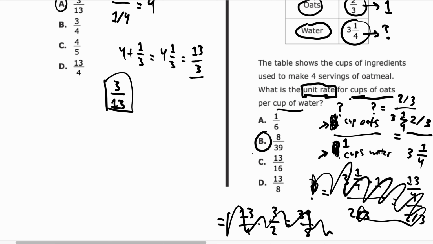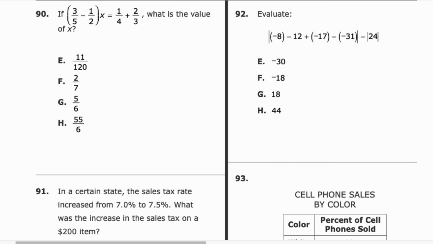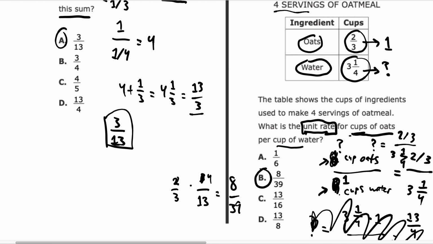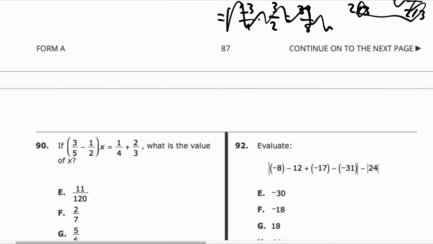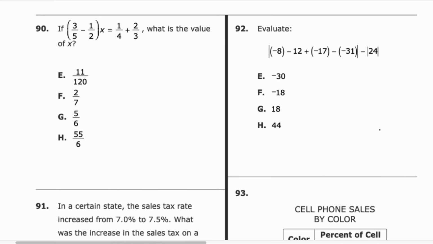I don't know. Here, let's see. 2/3 times 3 over 13. Hang on. No, I'm sorry, 4 over 13. So that's 8 over 39. Yeah. Okay, so I think that's the right answer, but I don't really understand what they mean by unit rate. So I think that's what they mean.